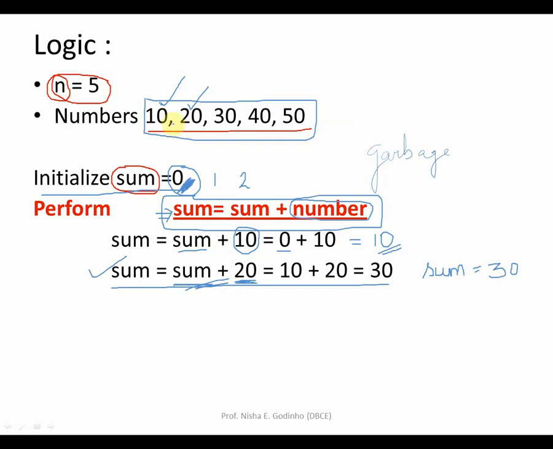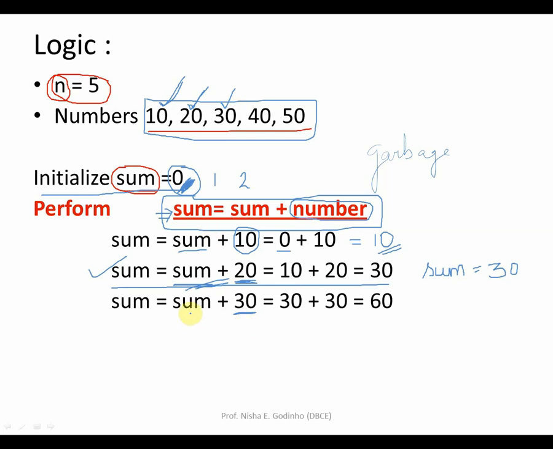Now two numbers are already added. You can see on the screen two numbers are already added, 10 and 20. Now we have to add the remaining 3 numbers. So third step. In the previous step sum was 30. So this time it will be again that same formula. You have to use sum equal to sum plus number. Now this time the number is 30, which is the third number.